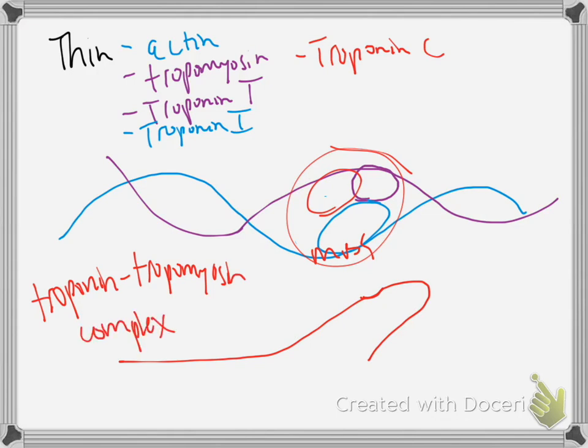Again, we're setting the stage for all the anatomy to be able to figure out the physiology behind it. How do we get to this? How do we open up this binding site so that this myosin can grab onto actin and pull it towards the M line? What we need to do is we need to bind calcium.